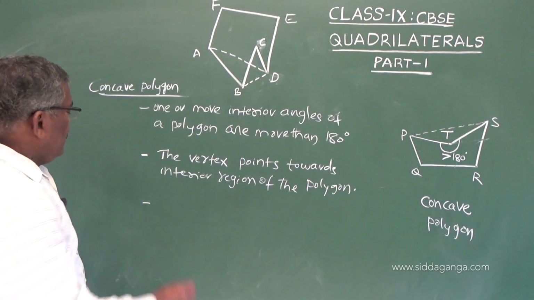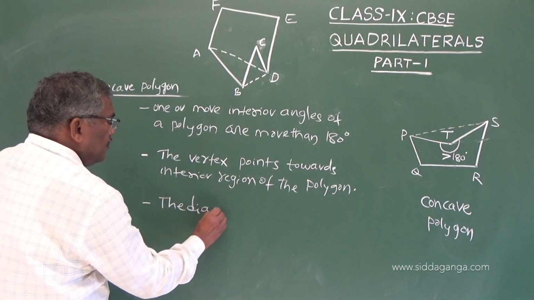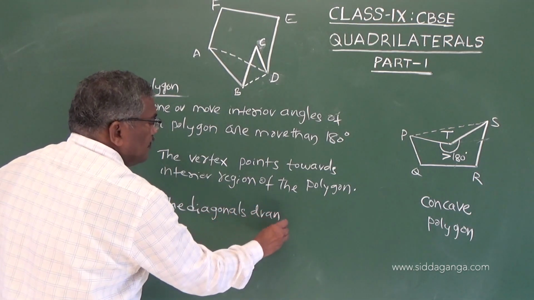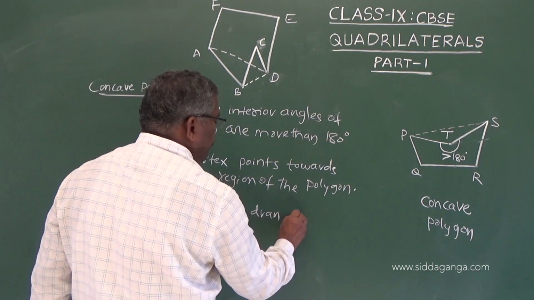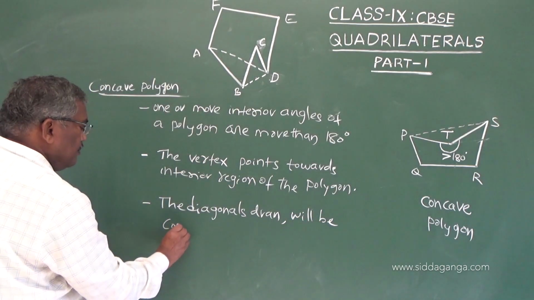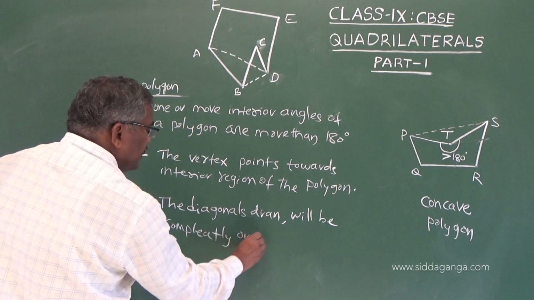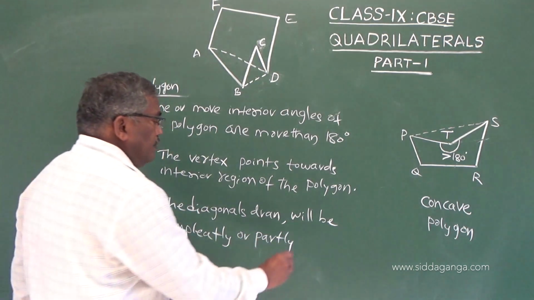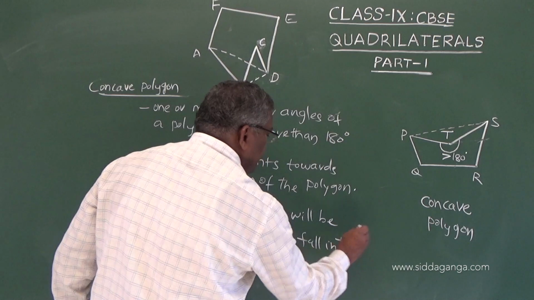So the diagonals drawn sometimes will fall completely or partly in the exterior region.